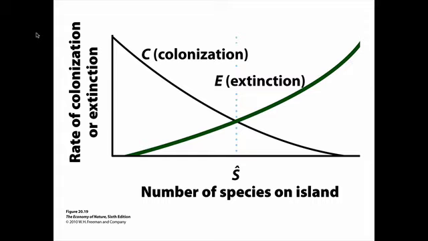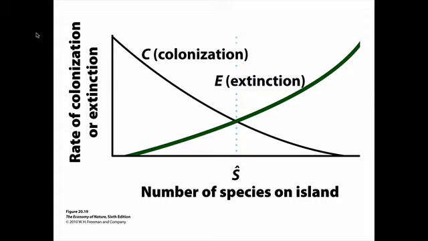So this colonization curve declines as the number of species on the island increases. Okay, do we have questions on this? Because it's actually quite important in understanding this.